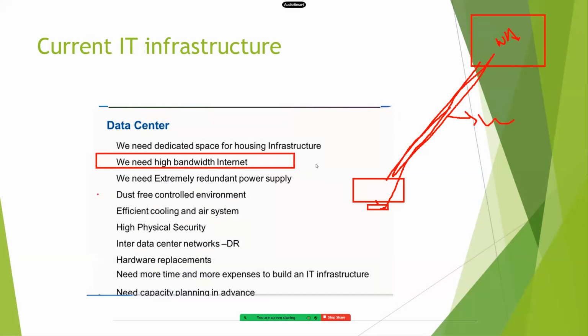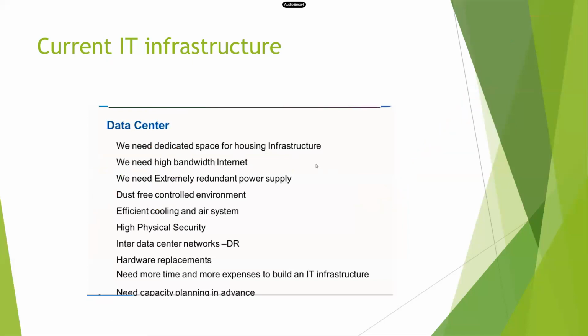Very simple: for our home purposes itself, we are using 100 Mbps internet. To access data, server, storage, network and all, we need high bandwidth internet. So they will maintain internet speed like 5 gigabytes or 10 gigabytes. Clear? Yeah, next, we need hardware replacement.